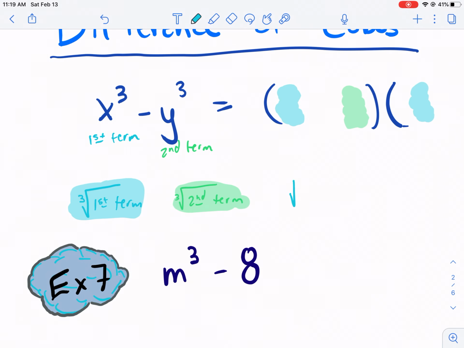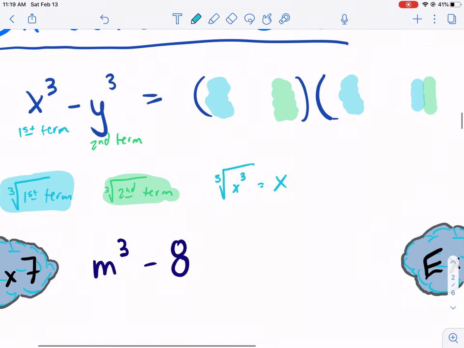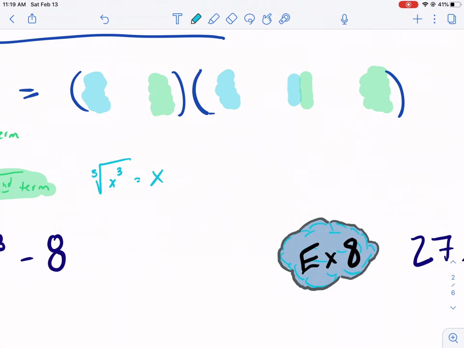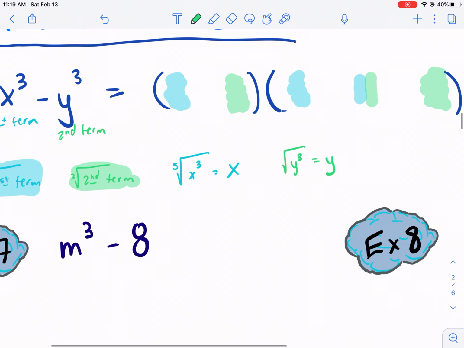We're going to take the cube root of x cubed. The reason why we need cubes is we need it to be a rational number. In this case, it's going to be x. X is the cube root of the first term, so this is our building block. Then we take the cube root of the second term, and that's going to be y. Again, it has to be a perfect cube in order for us to do this.